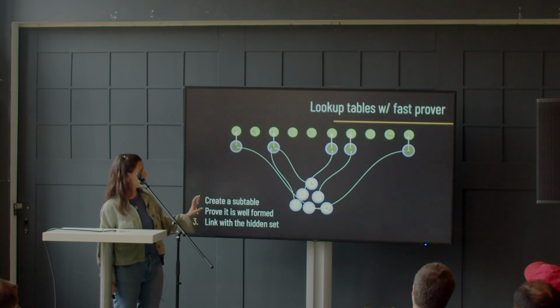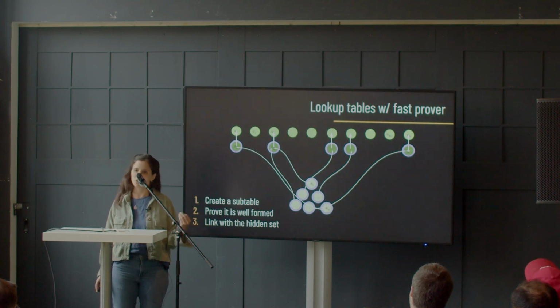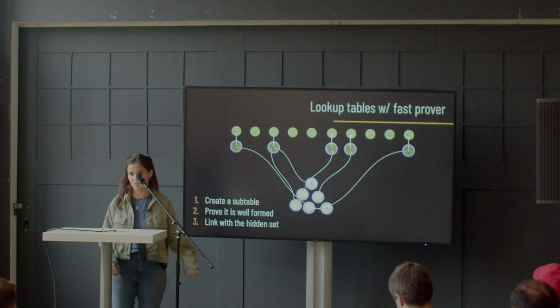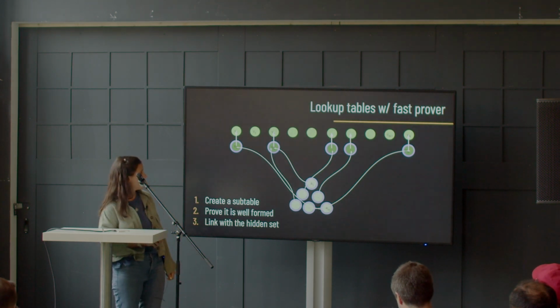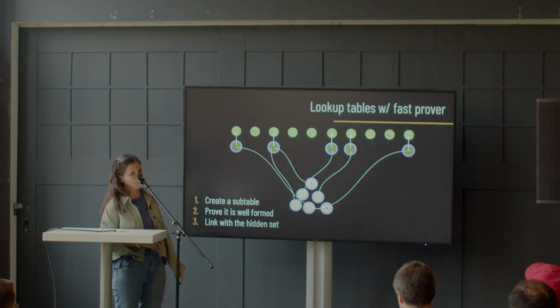And I hope now it's a bit more intuitive that we can do this in time that does not depend linearly on the size of the big table. It should be faster, right? We have something way smaller, which is the subtable of size k, and we have our hidden set that also has size m, smaller than the big set.